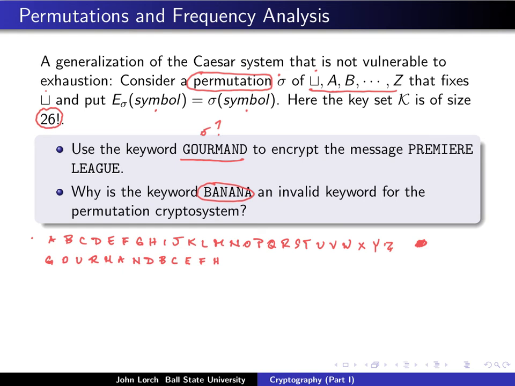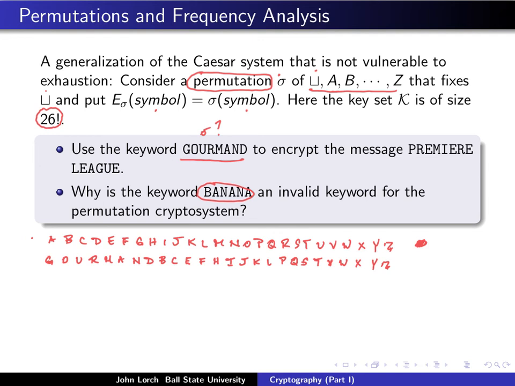N can be assigned to I. O can be assigned to J. P can be assigned to K. Q to L. Now, R cannot be assigned to M because we've used M, but it can be assigned to P, S to Q. T cannot go to R, so it must go to S. U would go to T. And then V, W, X, Y, and Z are sent to themselves.